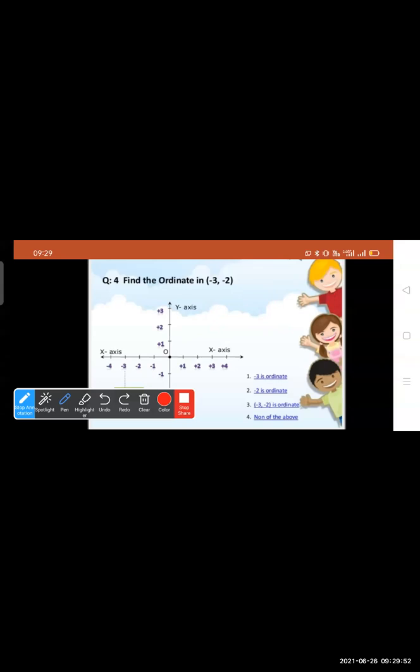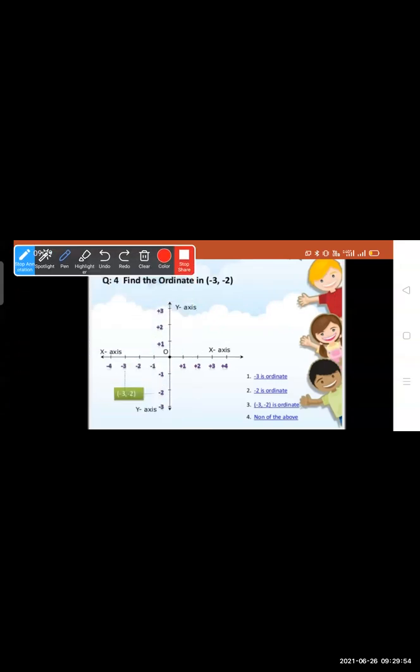And the given figure is here. Okay, so first we plot (-3, 2). So move 1, 2, 3, -3 on the left side, and 2 upward. Here we get a point (-3, 2).